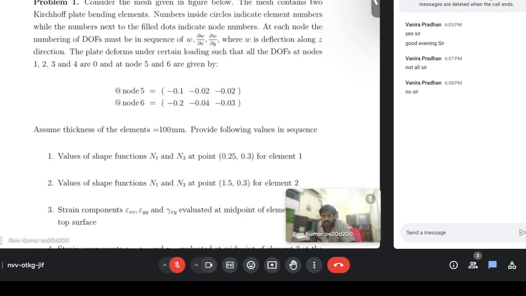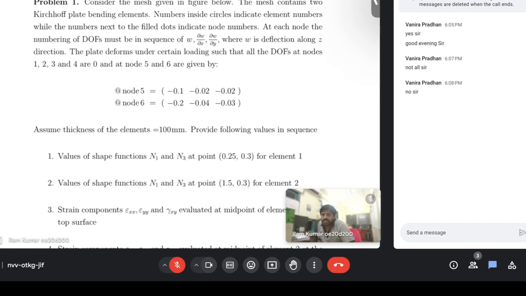At each node, the degrees of freedom must be in the sequence of W, del W by del x, del W by del y, where W is the deflection along Z direction.